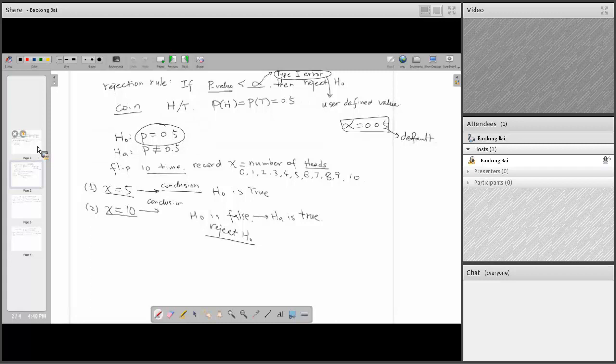So this value, if you're more concerned about type 1 error, make type 1 error small. You can choose alpha equal to 0.01 or 0.001.